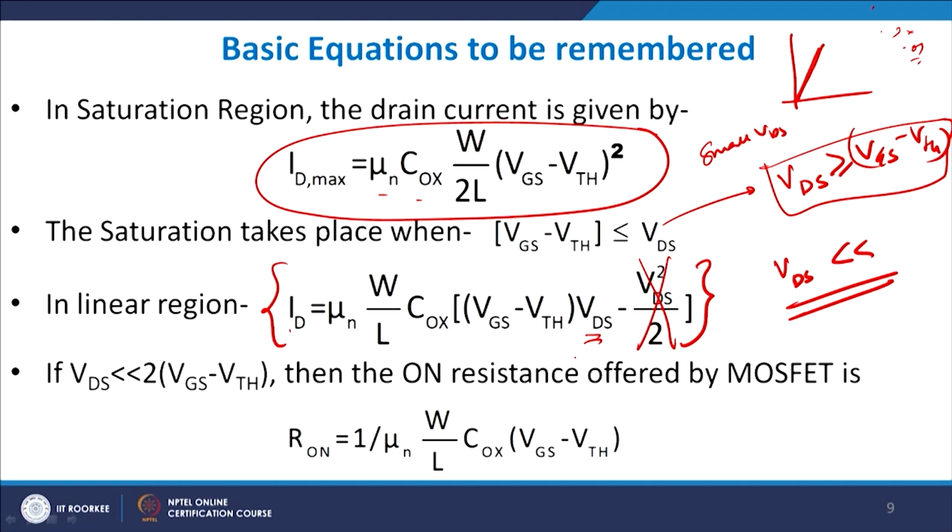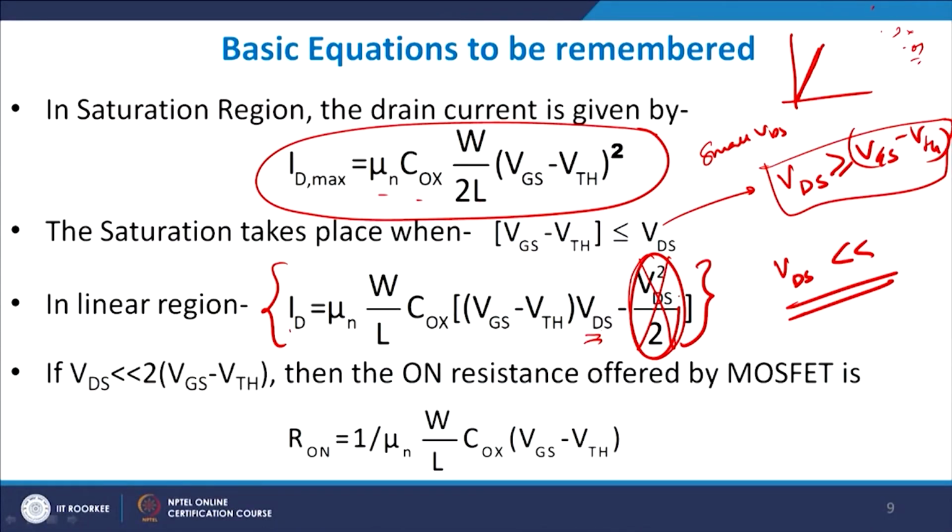As you move your VDS slightly higher, non-linearity comes into the picture, and you have a non-linear region till VDS equals VGS minus VTH, the onset of saturation. After this it becomes almost a straight line. So I have linear, non-linear and saturation regions.